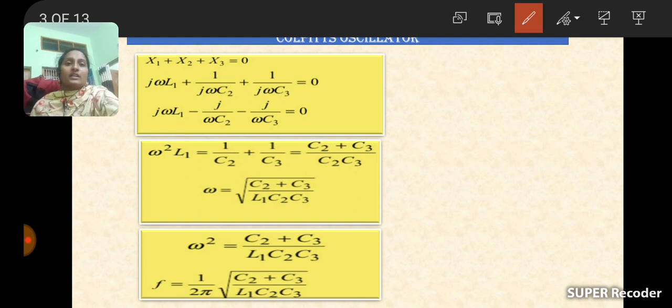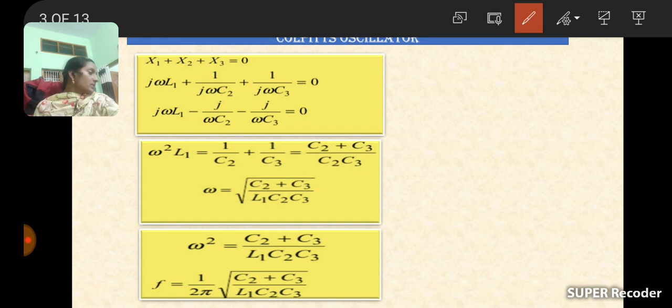So omega is equal to, from the above equation, under root, because omega square L1 is equal to C2 plus C3 by C2 C3. So omega square is equal to C2 plus C3 by L1 C2 C3.